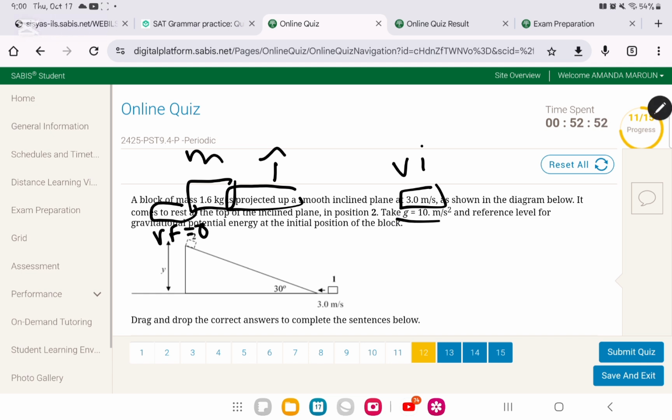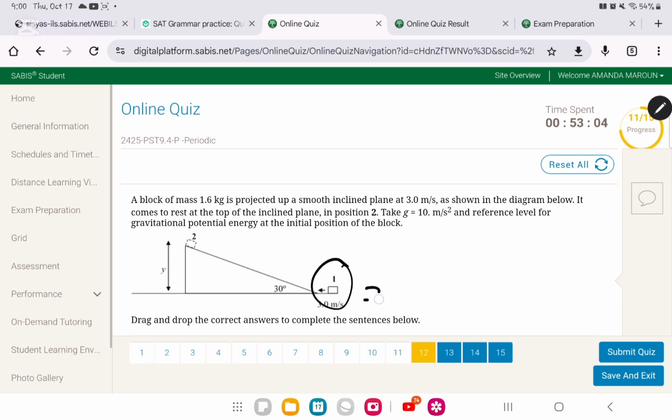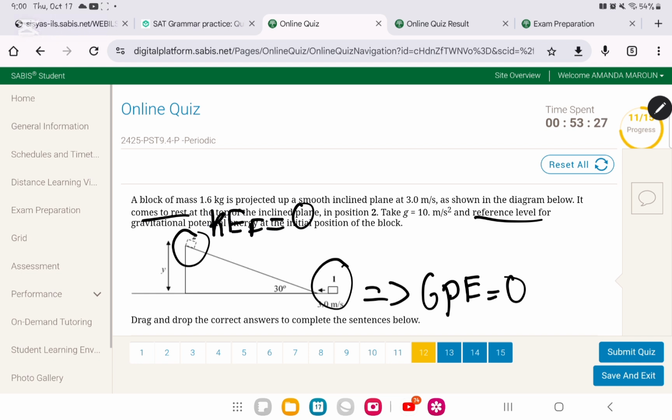They told us take g is 10 meters per second squared and the reference level is the initial position. So here the GPE is equal to 0. What we can deduce from reading is that at the bottom our GPE is equal to 0. Why? Because the reference level is where the initial block is. Whereas here, since it comes to rest at the top, our velocity final is 0, so our kinetic energy final is equal to 0.